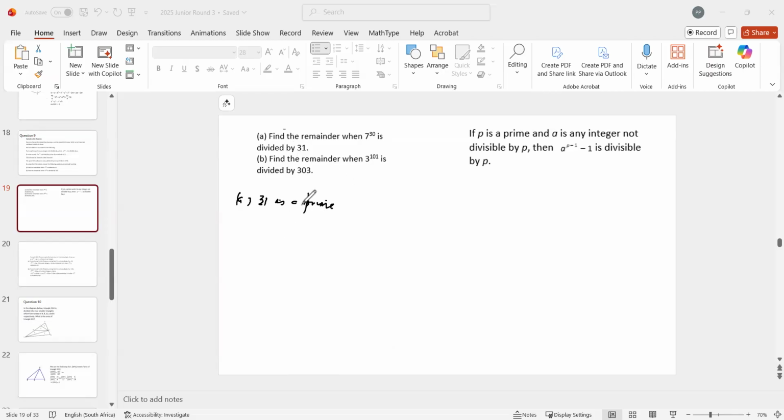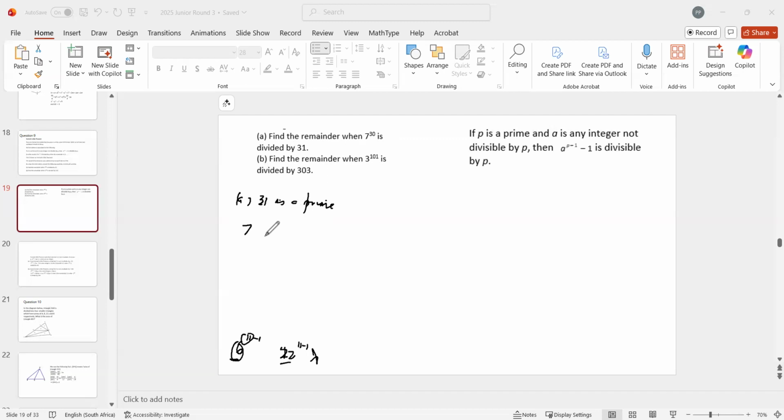And by the way, I should have said that when you take 6 to the power of P minus 1, your base 6 must not be a multiple of 11. I can't have 22 to the power of 11 minus 1. It doesn't work. Your base cannot be a multiple of 11. So 31 is a prime, and your base is 7.